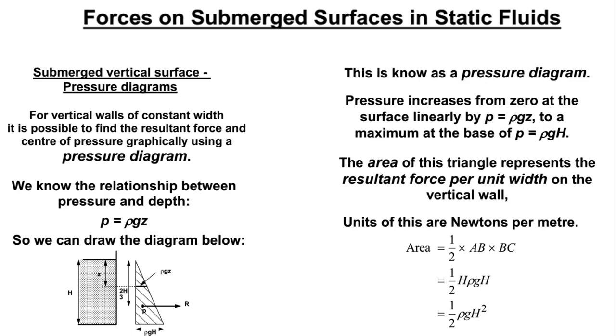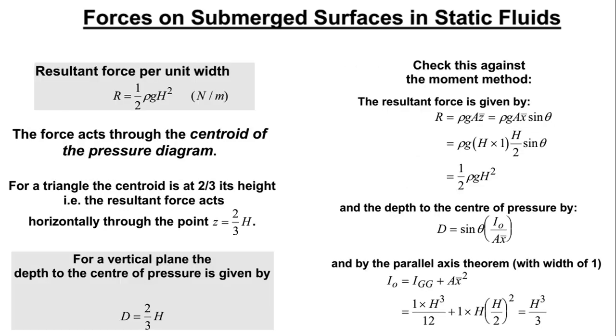For us to solve these problems, we can also use what is known as a pressure diagram, but in this course we are going to skip this part because of time. During your spare time, just go through this. You will see that even if you use pressure diagrams, you are still going to find this answer: resulting force per unit is equal to R is equal to half rho gh squared. That's the answer that you are going to get.